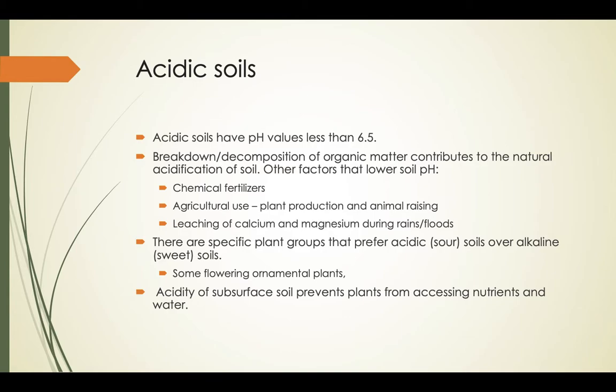Also, agricultural use, so plant production and animal raising, affect acidity of soil. Most plant material is alkaline in nature, and if it is removed by animal grazing, or once you have done your harvesting, of course, what you leave behind are the acidic components.